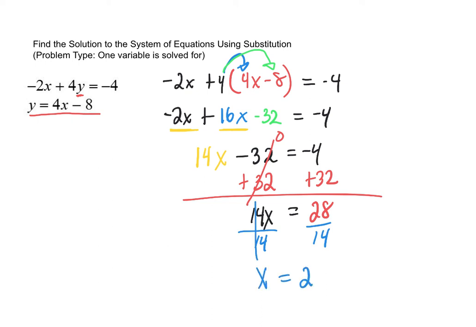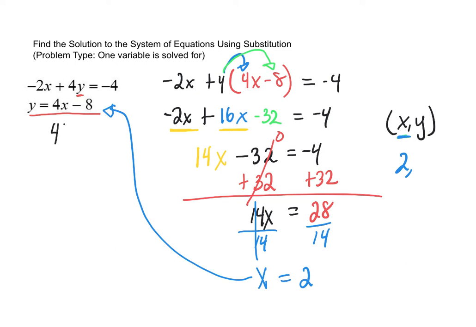Remember, you want to have your answer as an xy ordered pair. I know that x is now equal to the number 2. But I don't know what y equals in terms of just one number, but I do know that y is equal to whatever 4x minus 8 is. Because I now know that x is equal to 2, I can replace the letter x with the number 2.